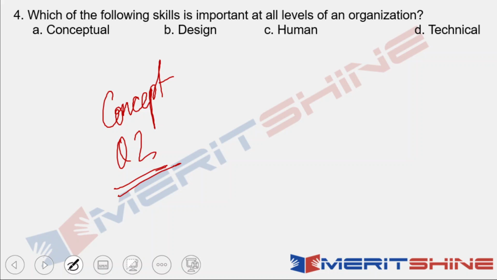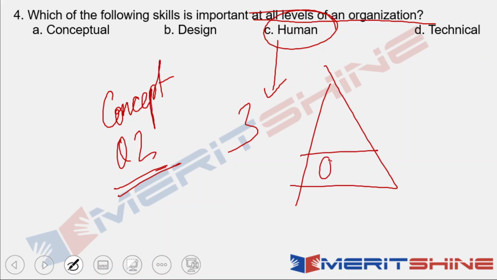Human skill was common to operational, to middle, and to top. So the answer should be human.